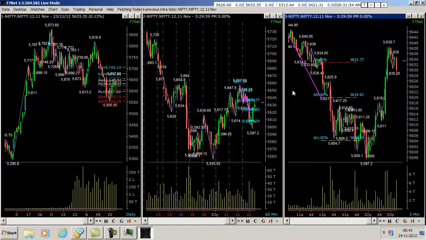We will be explaining the technique based on these three charts: how to see Gann swing charts, how to see symmetrical theory, how to see supply demand theory, and then come to a conclusion whether you want to trade on the long side or on the short side.